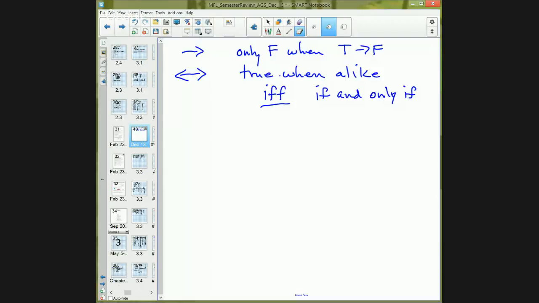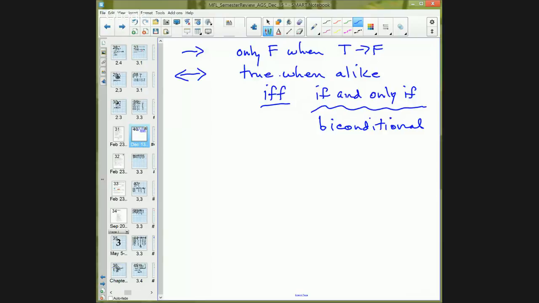So in that case, you wouldn't have any words. But if you're given an English sentence, you'd look for these key words, either biconditional or if and only if. And then we proceed with a truth table.